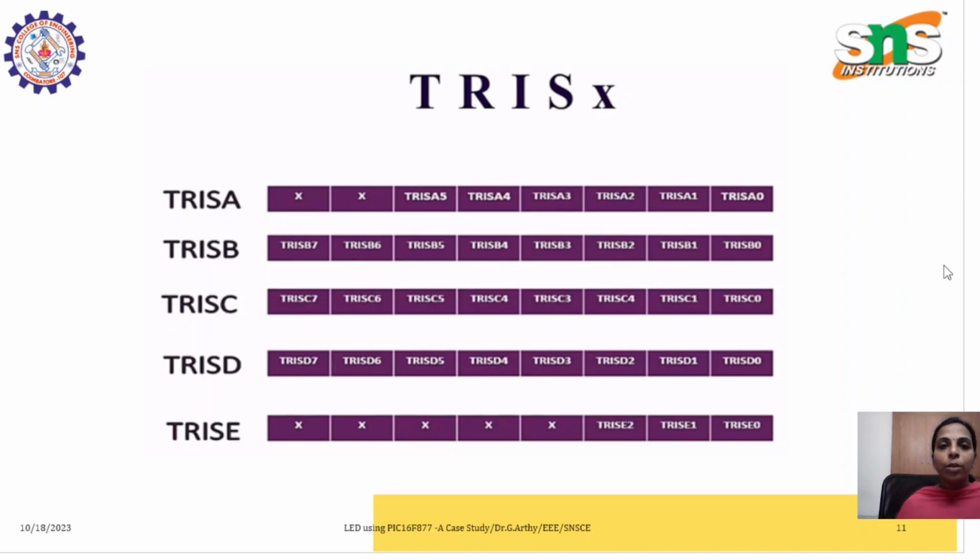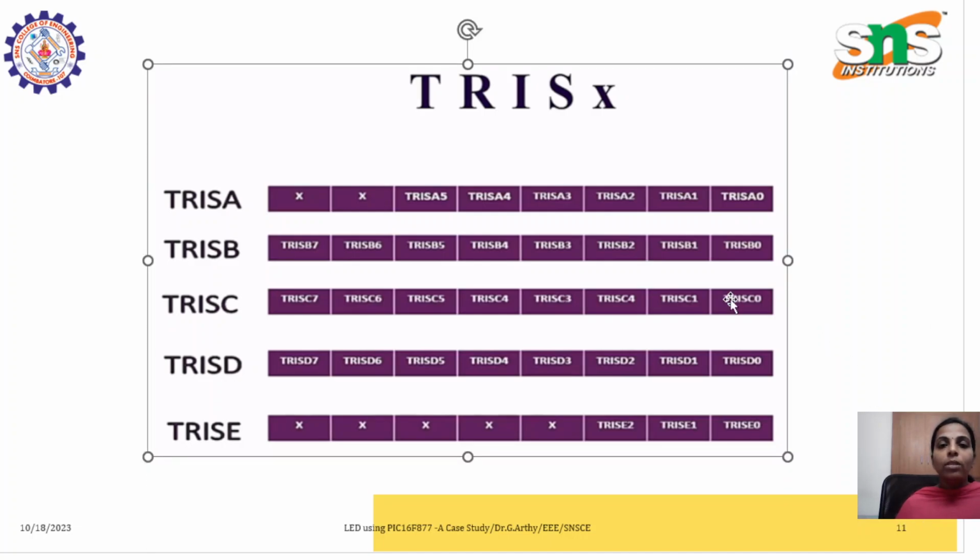That is the direction, whether I am going to give inputs into the controller or whether I am going to get output from the controller. This is what I need to specify to the microcontroller. For that, we require registers, and those registers are known as TRIS, tri-state registers.